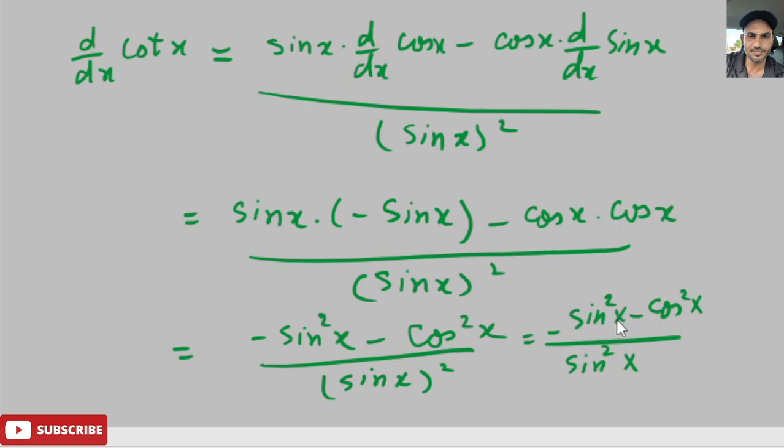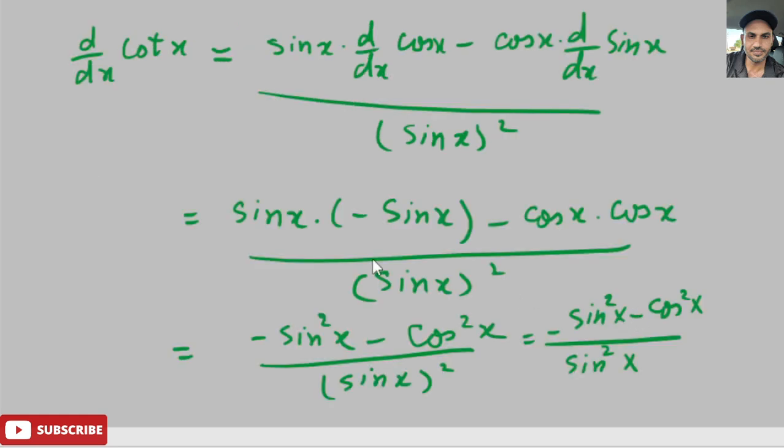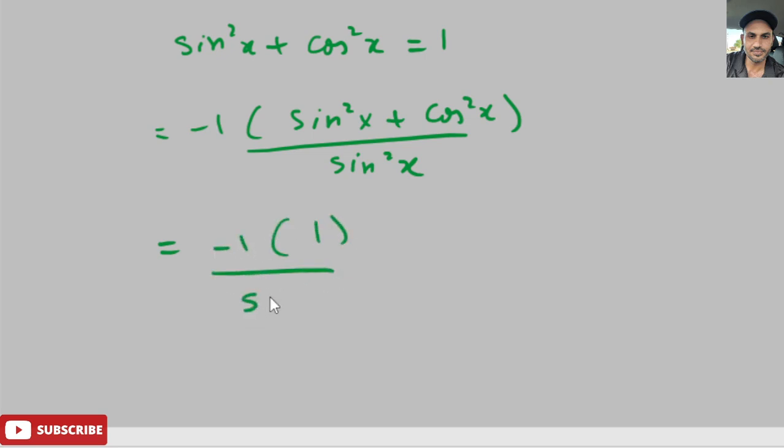So we factor out negative 1 and we get sine squared x plus cosine squared x inside, divided by sine squared x. Okay. Now we can apply this property here. So we get negative 1 times 1 divided by sine squared x. So this is negative 1 over sine squared x.